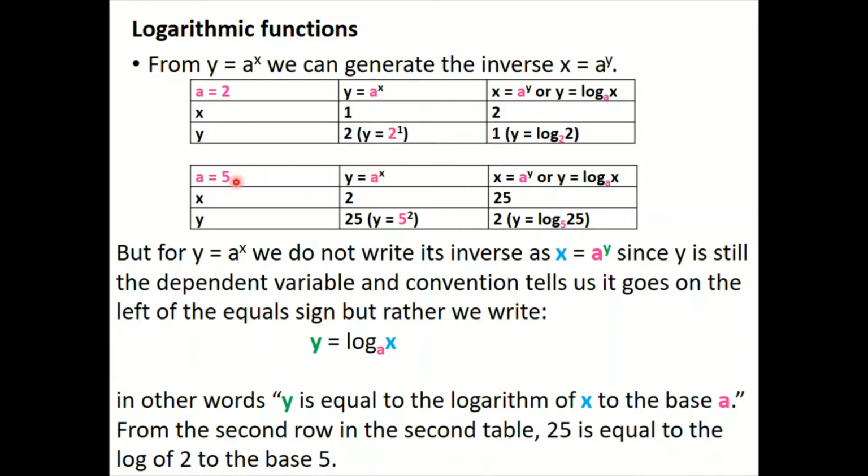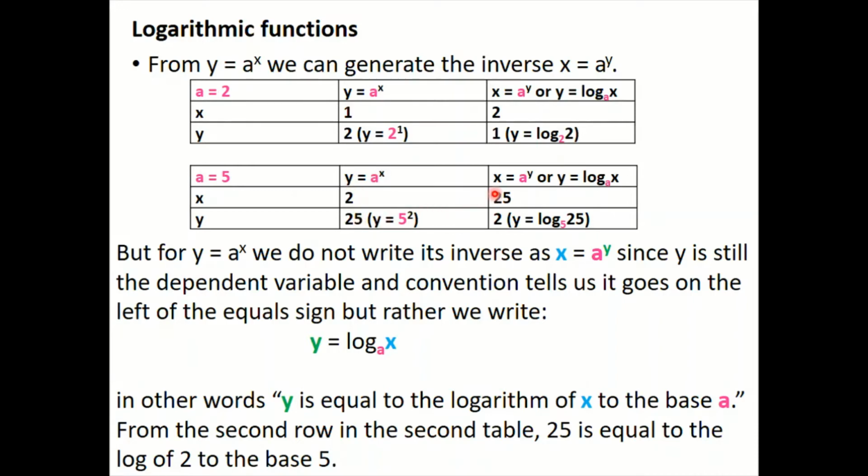And then down here is another example, just with some different numbers. We're still working with the same functions, but now assuming that the base is 5. So if the base here is 5, if a equals 5, and let us say that x is 2, 5 squared would make y equal to 25.